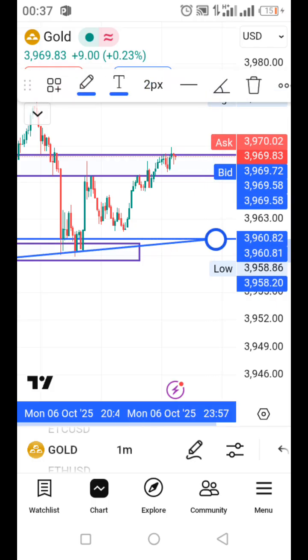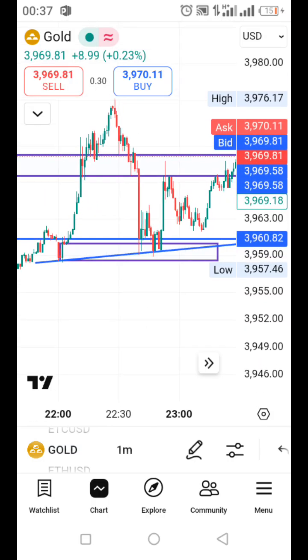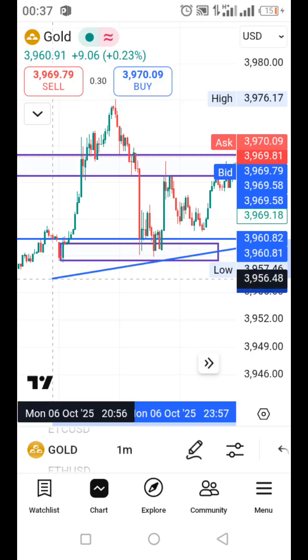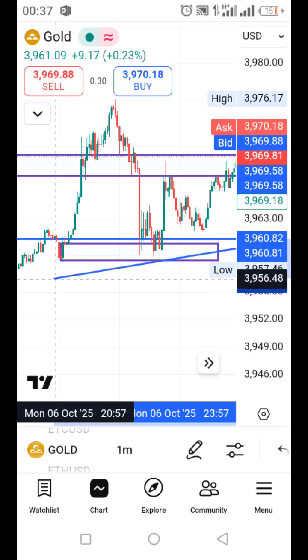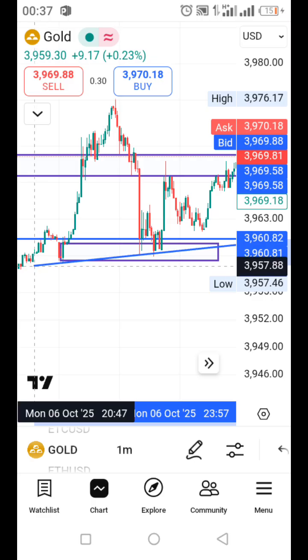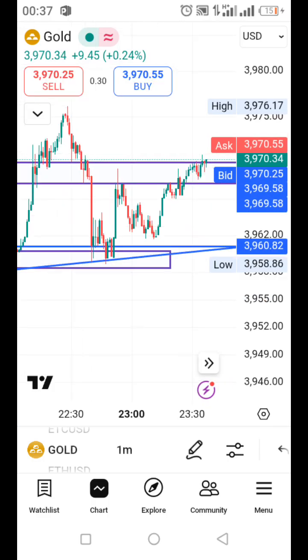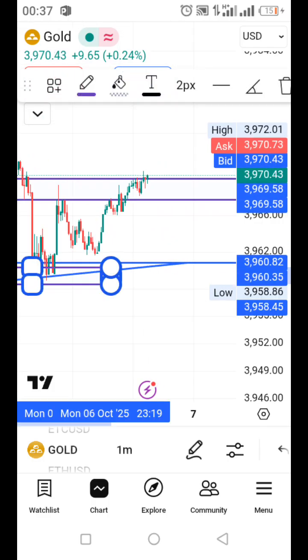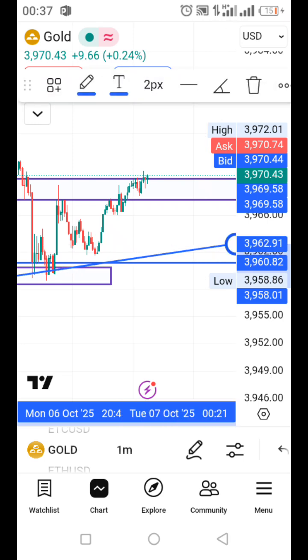Let it lap the candle, from the tip of the first candle. Is it hitting the tip? Okay, let's just leave it like that.